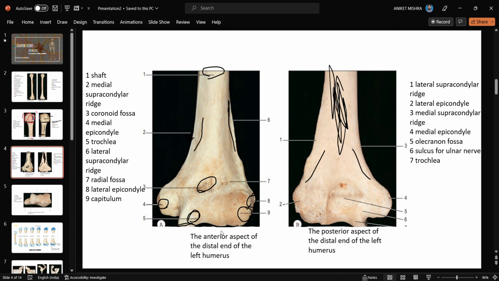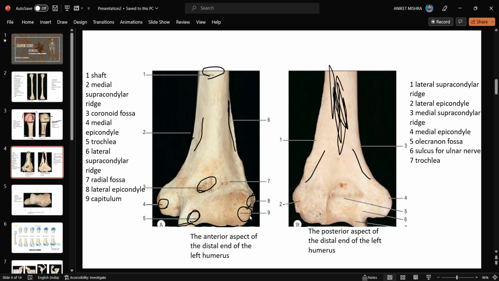Due to being a little more downward than the capitulum, it forms the carrying angle in our arm. That helps keep our hand away from the body during walking, or during the swinging of the arm while walking.